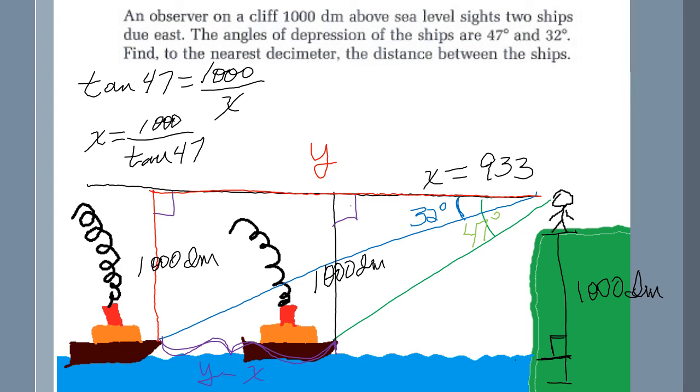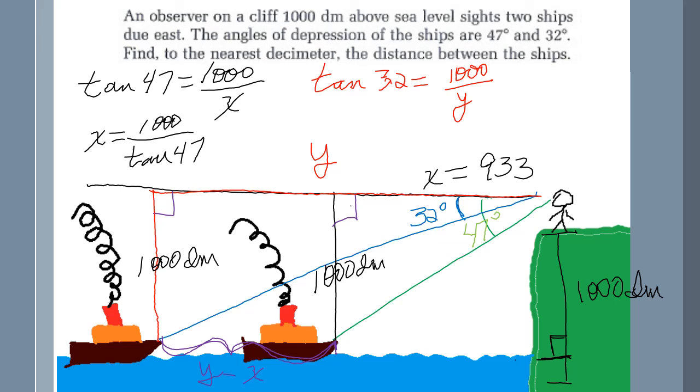Okay, let's now do our calculations for y. So, the tangent of 32 is equal to 1,000 over y. So we're going to switch those out again.